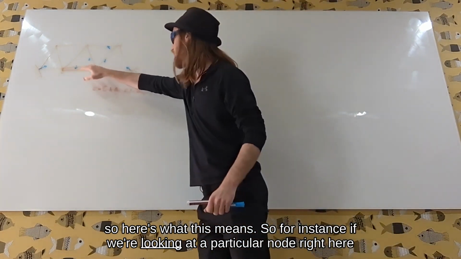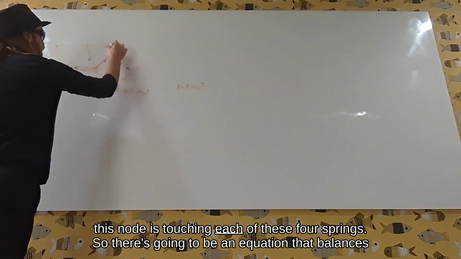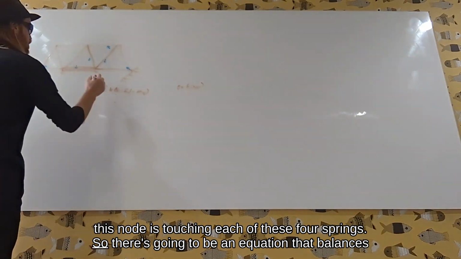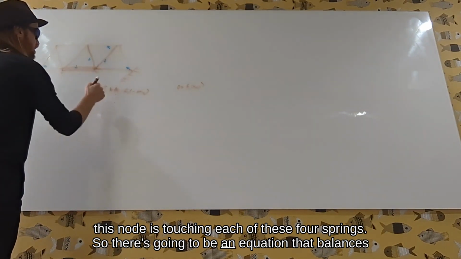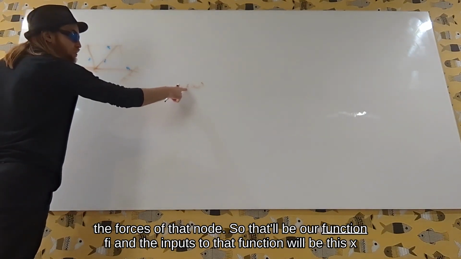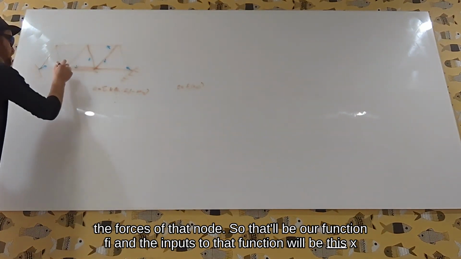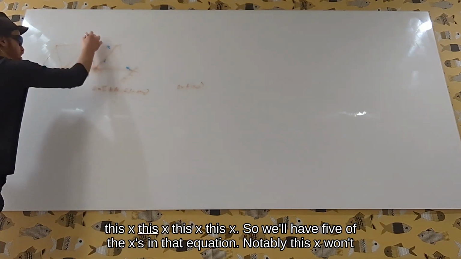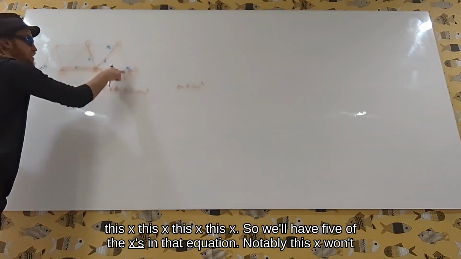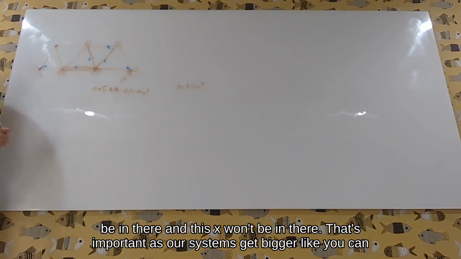For instance, if we're looking at a particular node right here, this node is touching each of these 4 springs. So there's going to be an equation that balances the forces at that node. That'll be our function f_i. And the inputs to that function will be this x, this x, this x, this x, and this x. So we'll have 5 of the x's in that equation. Notably, this x won't be in there, and this x won't be in there.